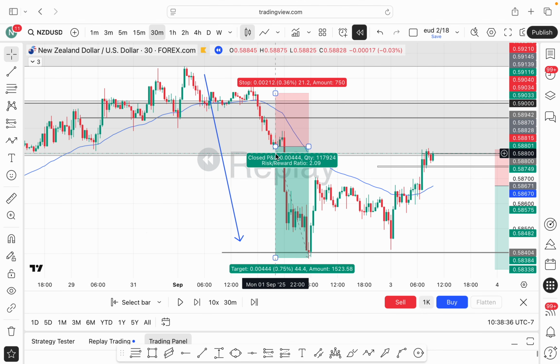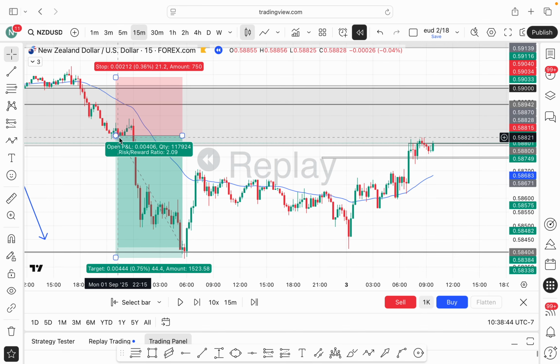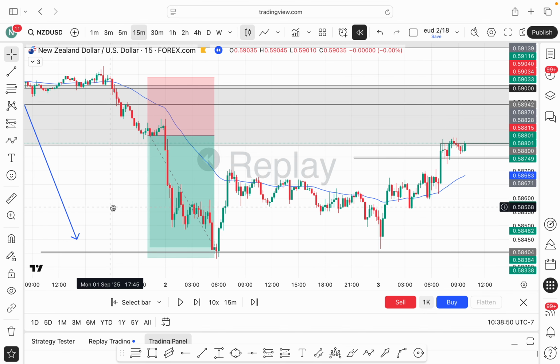So we got a break. We have a little pullback on 50 minutes, and then this is 22:15, which is around 10 to 11 pre-London session.